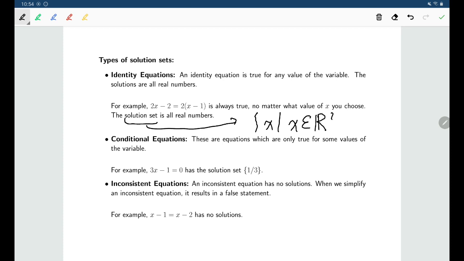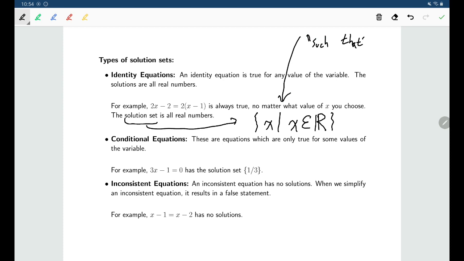This is set notation again. The curly brackets are telling me that I have a collection. This is the collection of all x values. The vertical line that I've drawn there, I could read that as meaning such that, or with the property that.